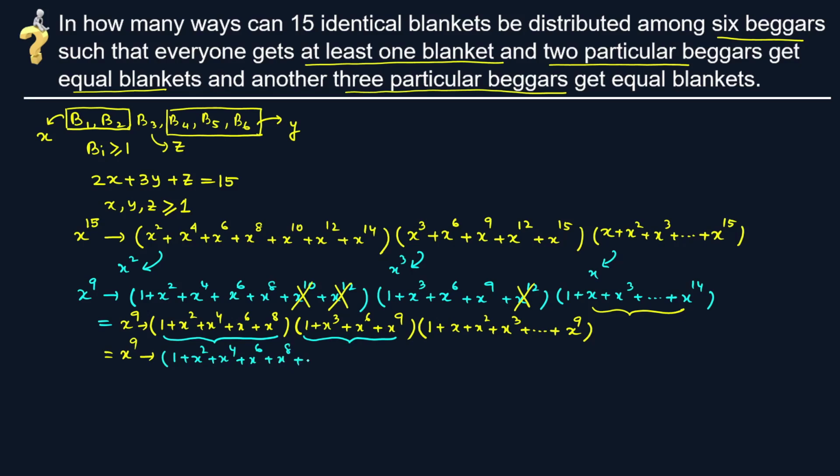Now when x cube is multiplied, it's x cube, x to the power 5, x to the power 7, x to the power 9, that's it. Then, when x to the power 6 is multiplied, we are going to have x to the power 6 plus x to the power 8, that's it. No more multiplication is needed for x to the power 6. And for x to the power 9, it's only x to the power 9, right?